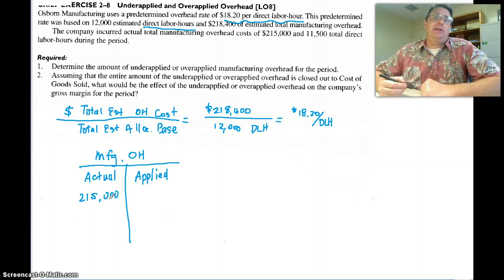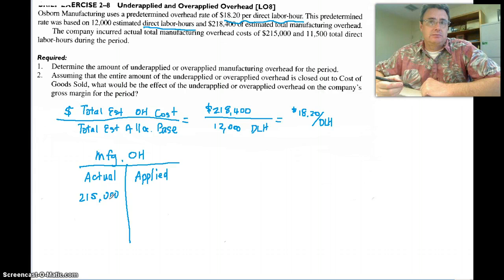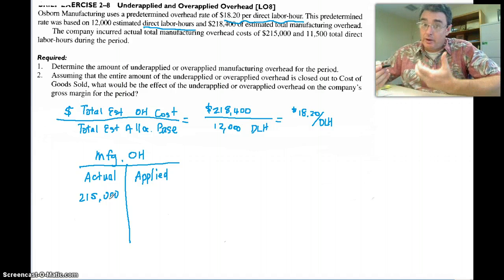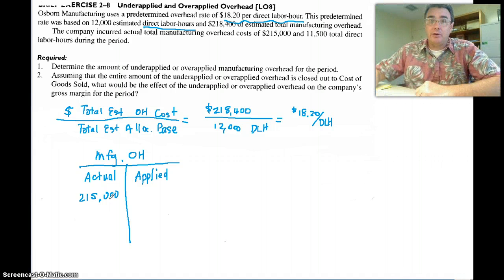How about applied? Do you see the number? You have to calculate the number. Do you remember how to calculate applied manufacturing overhead? You say, well, we need to use the predetermined overhead rate. That's right. That's why we calculated a predetermined overhead rate, so we can use it to apply overhead.